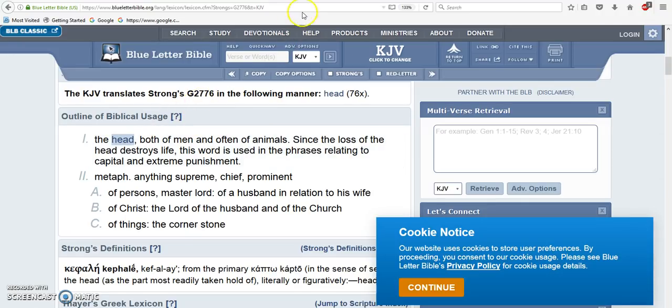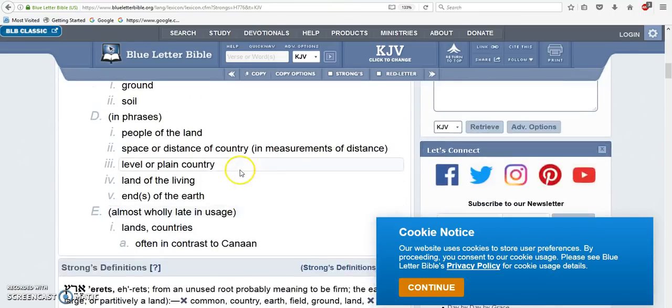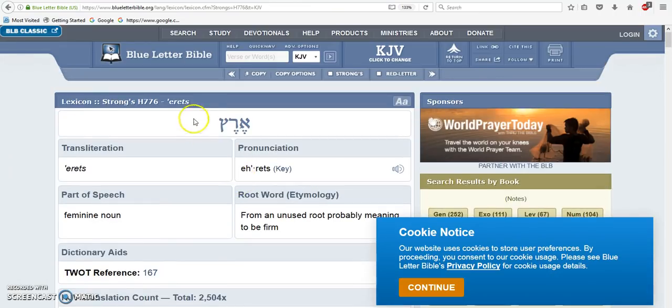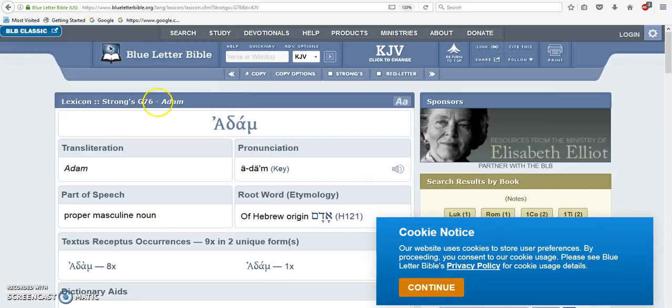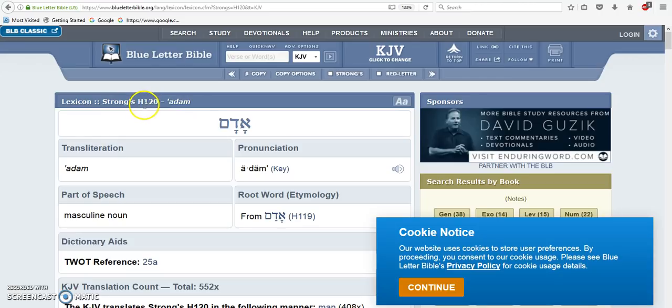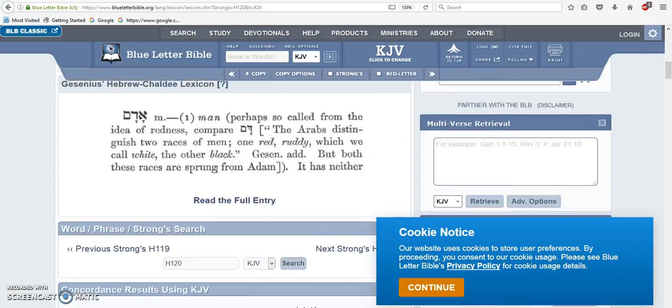Okay, so both the foundation and the headstone are connected with the number 76. You see the headstone in the Greek. You see that the foundation, the earth, is 776 in the Hebrew. And then the Strong's number for Adam in the Greek is 76. And the word Adam in the Hebrew actually spans from H120 through to 128.